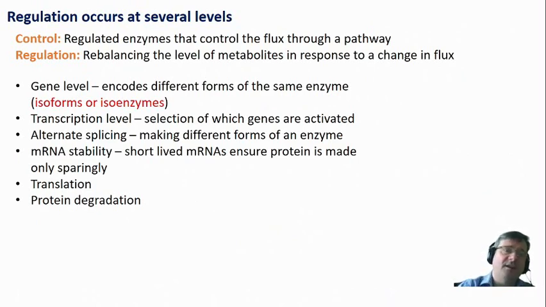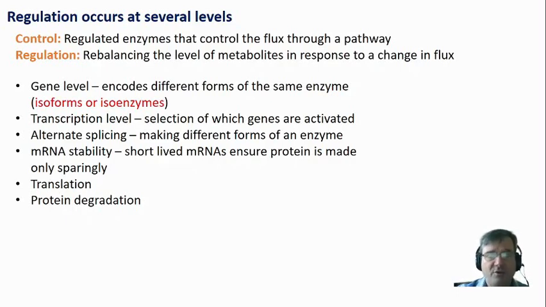So if that's flux, what about regulation itself? How do we regulate metabolic pathways? How is regulation of this complex, massive metabolic network carried out? So again, if we define what control and regulation are: control is where we have regulated enzymes that themselves control the flux through the pathway, whereas we can think about regulation as being rebalancing at the level of the metabolites in response to a change in the flux.